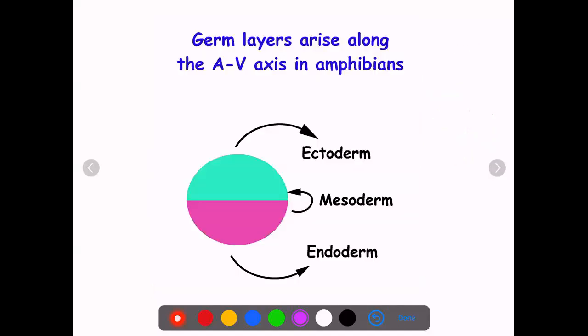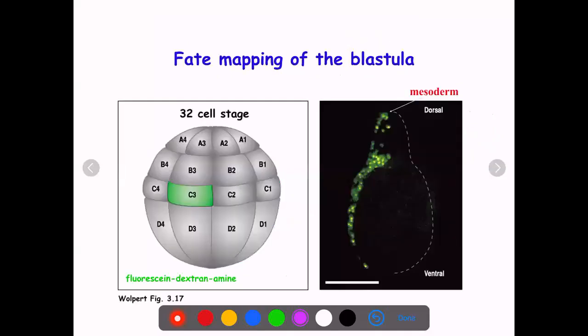Next, we are going to switch topic to the amphibian Xenopus, and talk about mesoderm induction. Fate map technology is shown here: a fluorescence dye was stained over here, and when they followed it through, the cells went to the mesoderm.